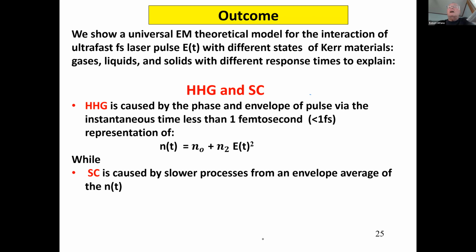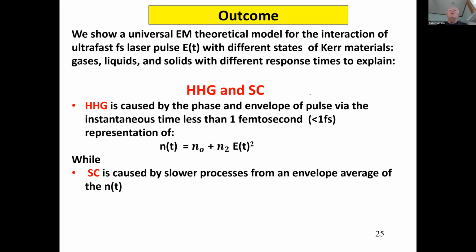So the medium has this n2 and its response time. You cannot generate HHG from a pure, slower picosecond process from the envelope of the mechanism. So the envelope gives you just supercontinuum from self-phase modulation, while the response time of the Kerr medium, responding to the optical cycles, is key to generating HHG.